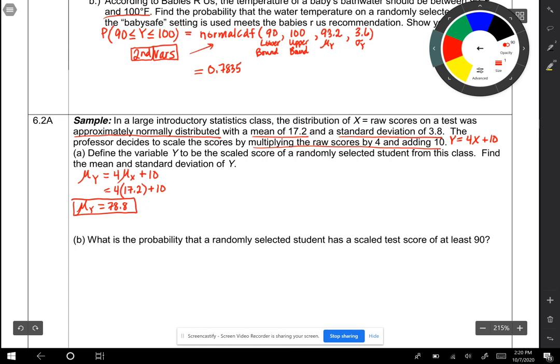And now let's find the standard deviation of y. So the standard deviation of y is equal to 4 times the standard deviation of x, and not the plus 10. So there'd be 4 times the standard deviation of x, which was 3.8, and that would be 15.2.